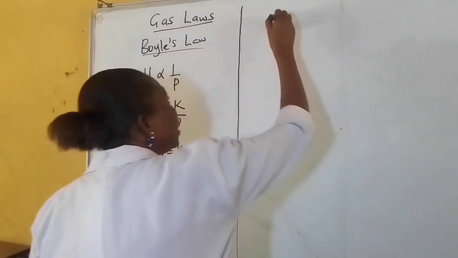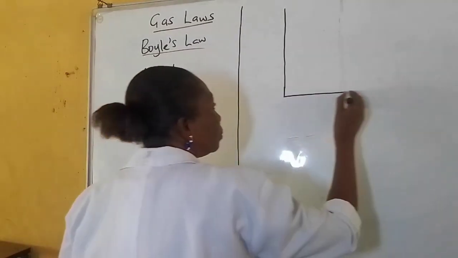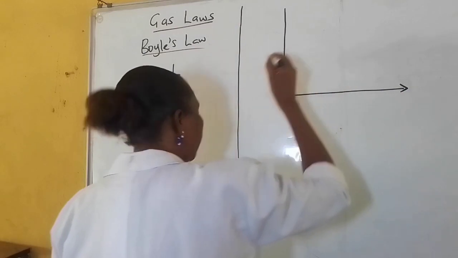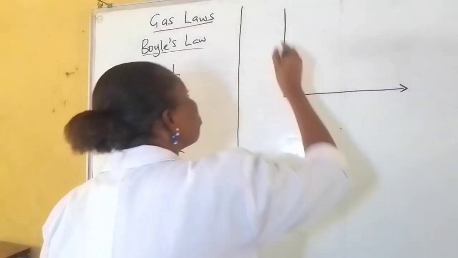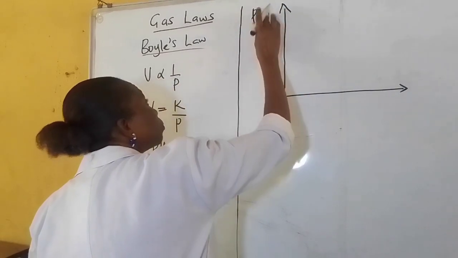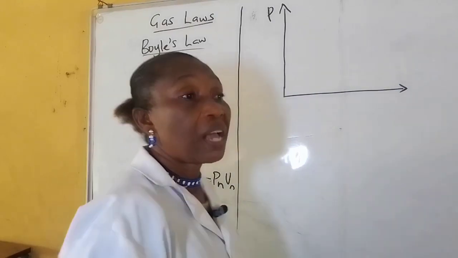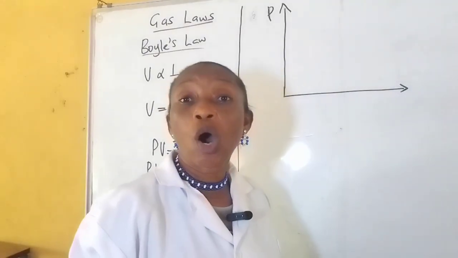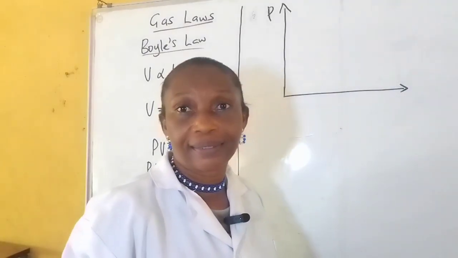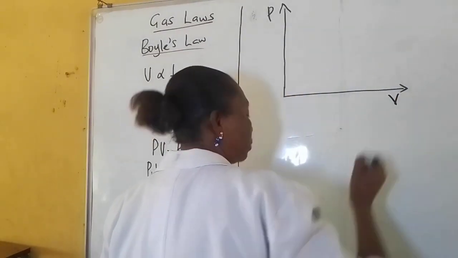The first graph is the graph showing the pressure, which is usually measured either in millimeter mercury or in Newton per meter squared. Pressure, and then we have volume here.